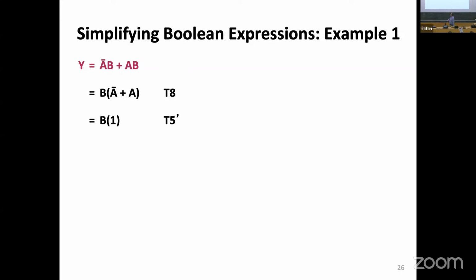And you can say, if I take the T5, that was this guy, right? The completeness, B and not B, it's 1. And, B and 1 is just B. So instead of spending a lot of time trying to calculate what Y is, I could just assign Y to B. I saved a lot of effort because of these wishy-washy theorems.